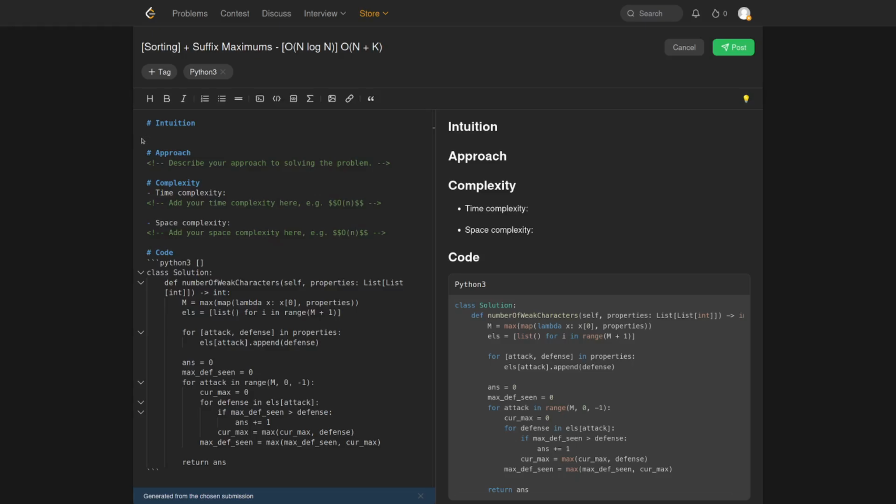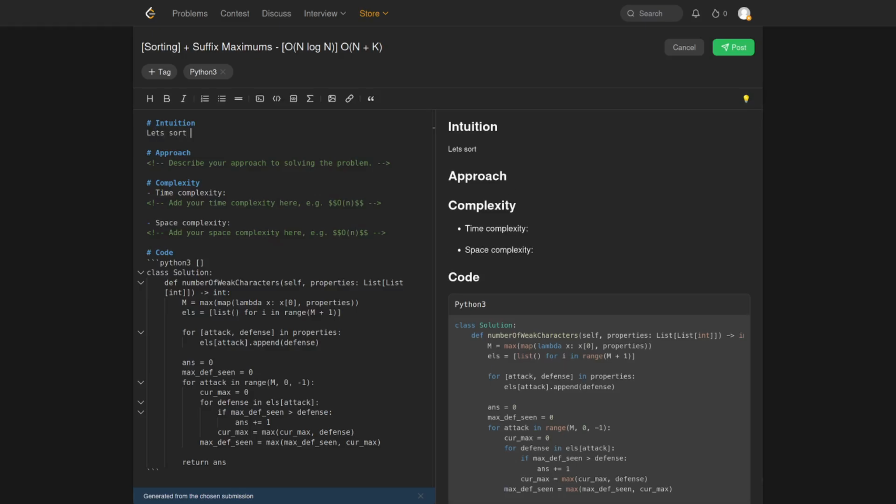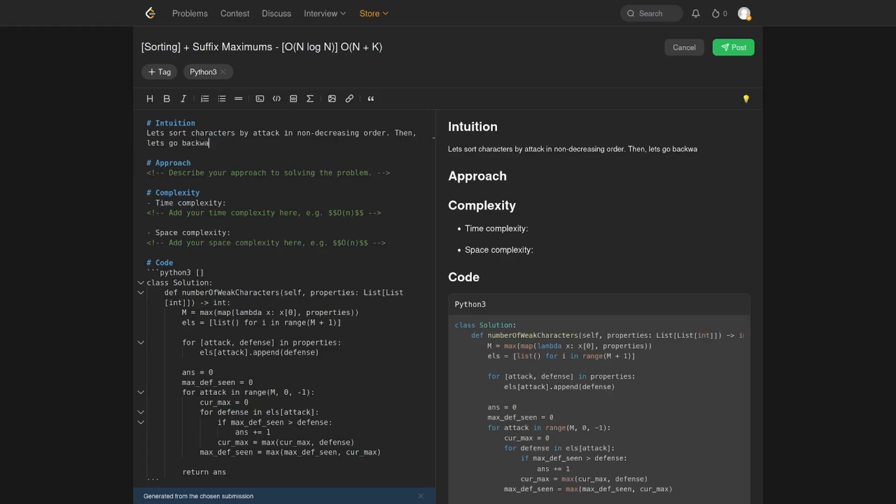So let's sort characters by attack in non-decreasing order, and then let's go backwards.